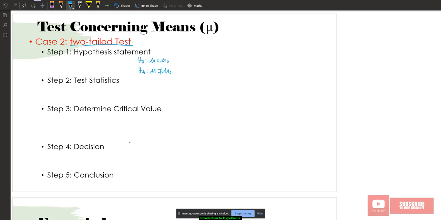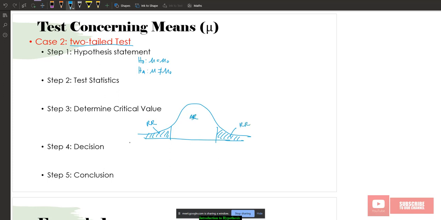We automatically know this is a two-tail test because the alternative hypothesis is not equal. So this is going to be your rejection region, and this is going to be your rejection region. This is the acceptance region.